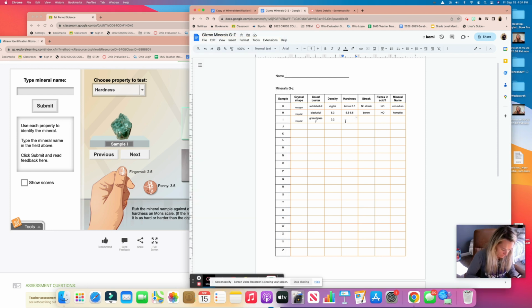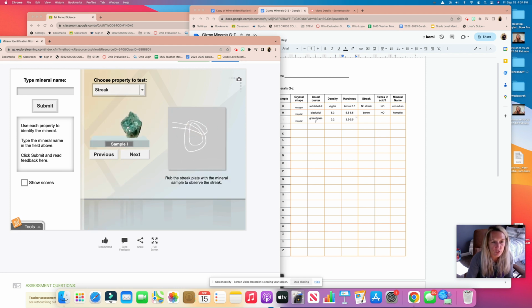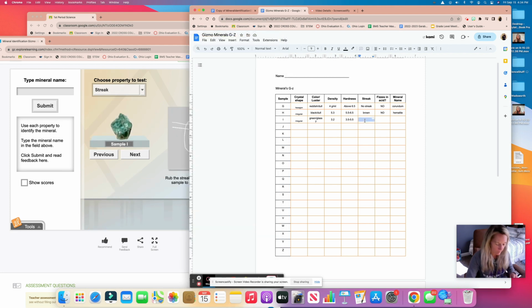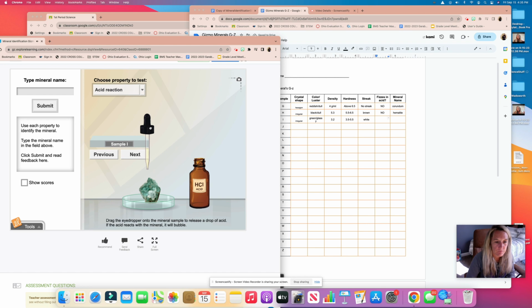So I would put 3.5 to 5.5, because it could be a 4, but it could be a 4.5. It could be a 5, or it can't be a 5.5. All right, next we're going to do the streak. It streaks white. And does it fizz in acid? No.